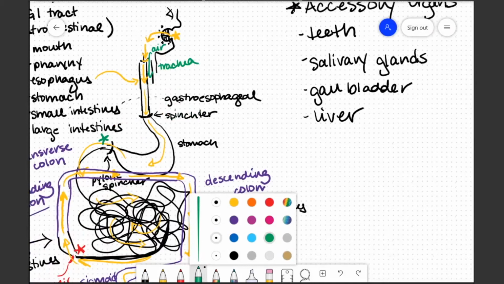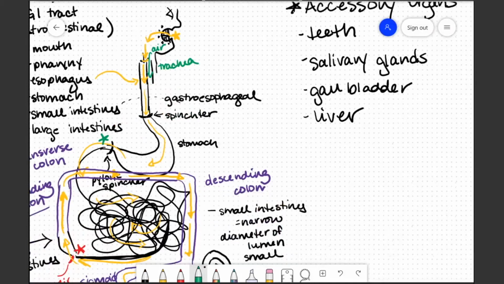And the place they actually sit is next to your stomach. So they're going to kind of look, here is my liver. That's a very bad liver. And then on the bottom side of it will be your gallbladder on the very bottom. So your liver will sit on the right side of the body at the same level where your stomach will sit on the left side of the body, and your gallbladder will sit on the posterior side of your liver.